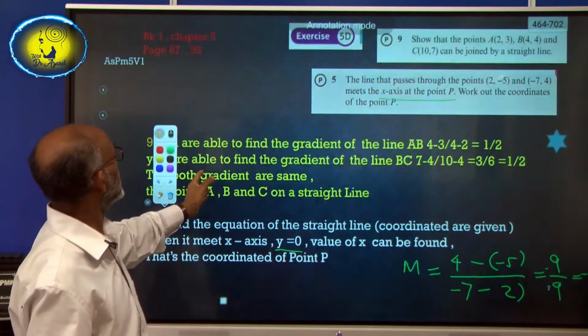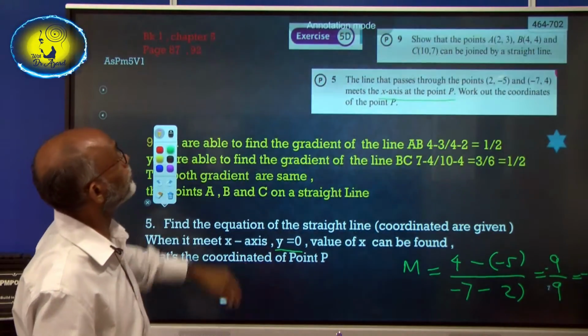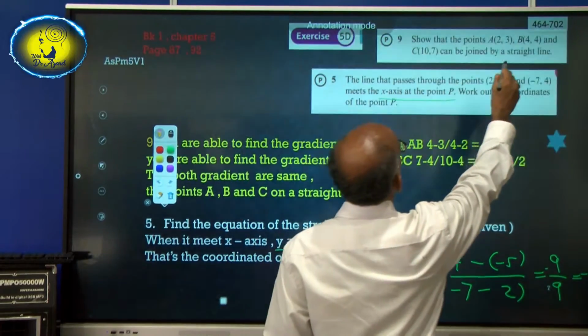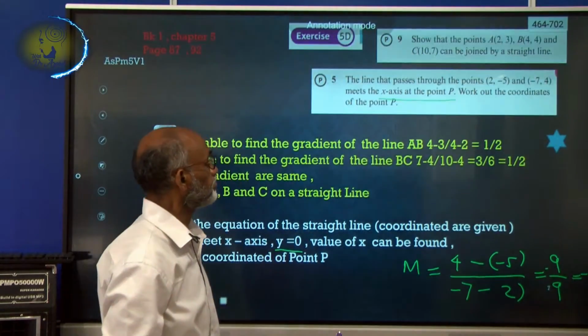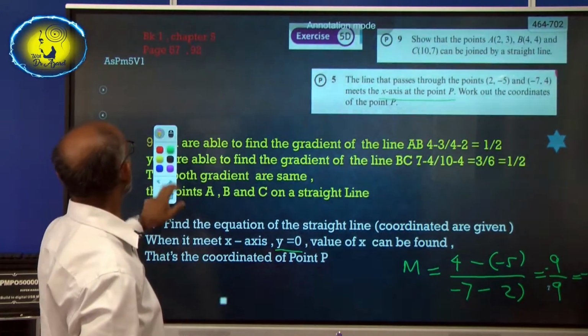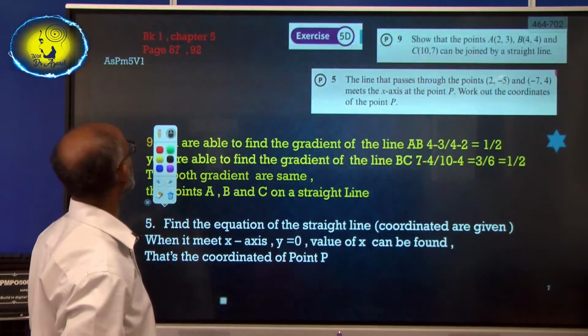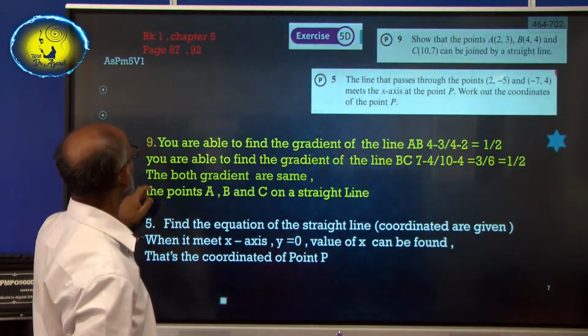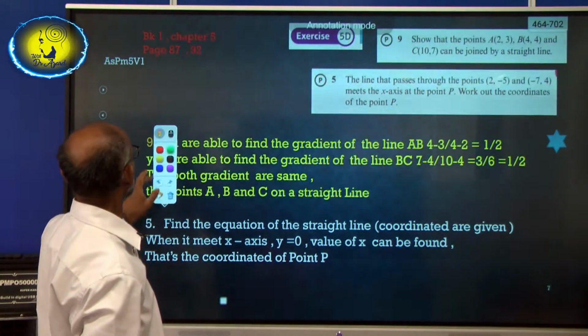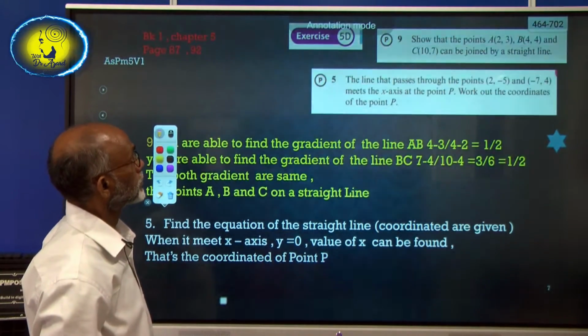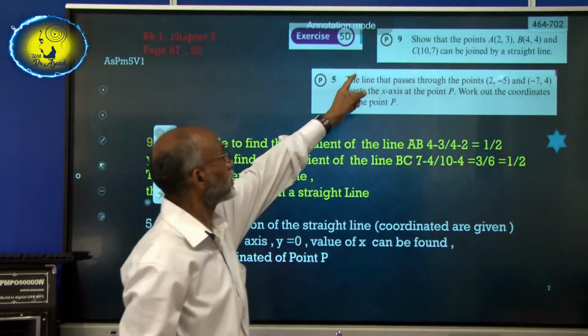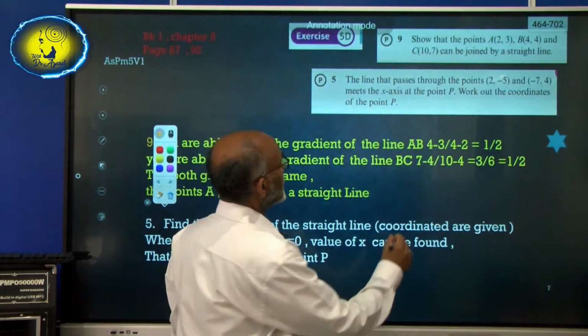Let's see example 9. Show that the points A, B and C can be joined by a straight line. In question number 9, there are 3 points.